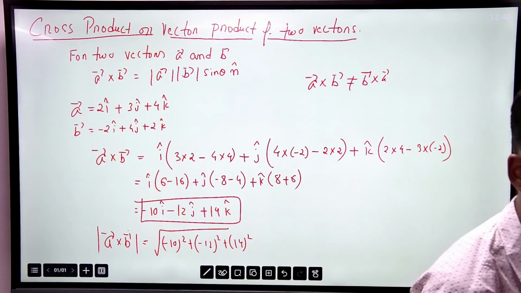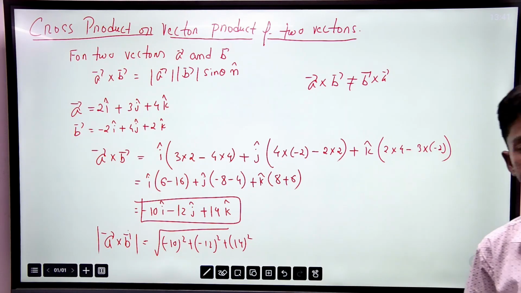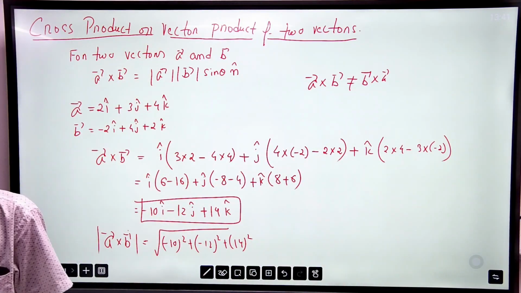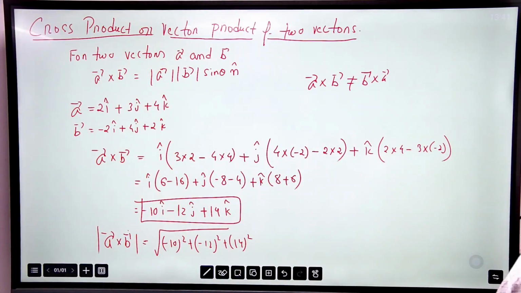It's not commutative, right? Now again, if two vectors are parallel to each other, then their cross product is 0.